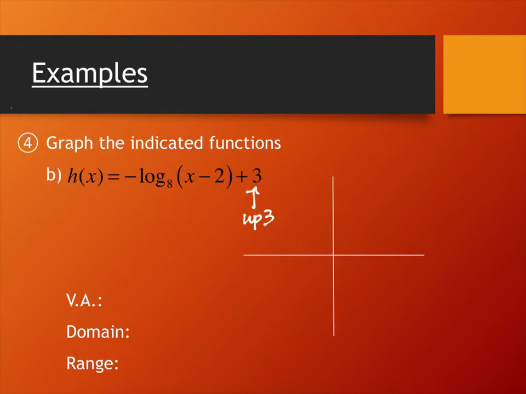Over here, I heard somebody tell me about moving something else. Right 2. This one moves it right 2. Where's the other change? Well, it's the negative at the beginning. What does that negative at the beginning do? It is a reflection, and it is over the x-axis.